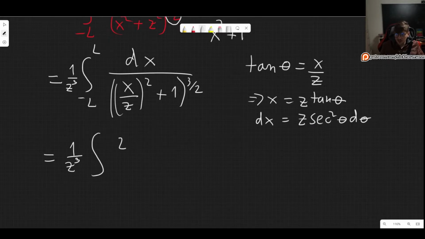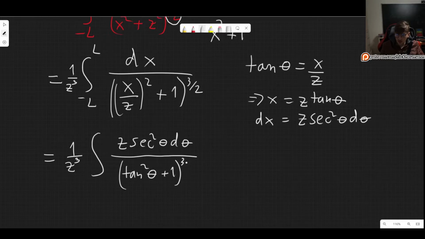Okay, so dx is z secant squared of theta d theta. And down here we have tangent squared of theta plus 1 to the 3/2. But as we said, tangent squared of theta plus 1 is the secant squared of theta. This is another very important trigonometric identity. Where does it come from?